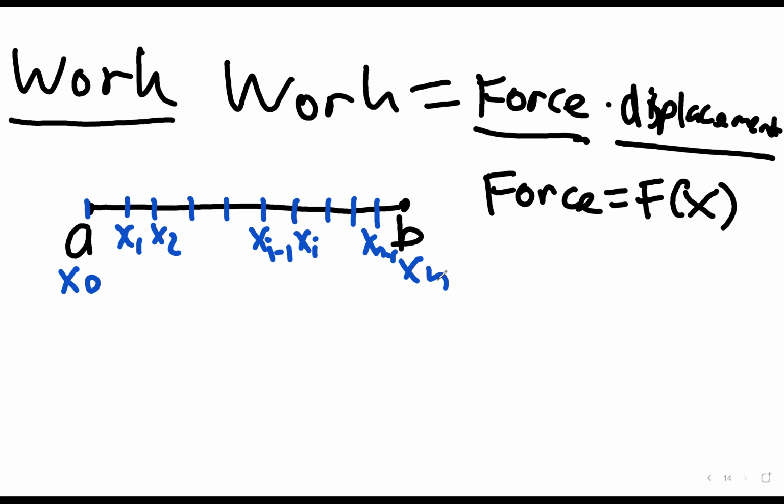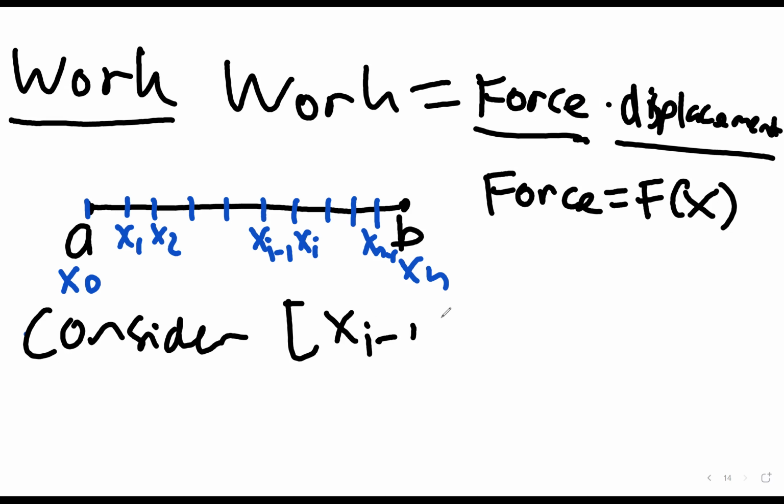The idea is that if we consider the subinterval from x_{i-1} until x_i, and the interval is small, and if the function f(x) is continuous, then you'll see that the value of f at x_{i-1} and the value of f at x_i are not that different.